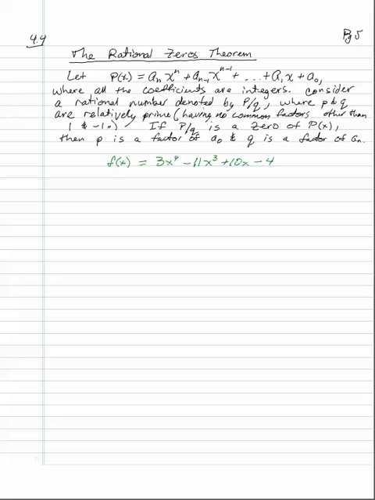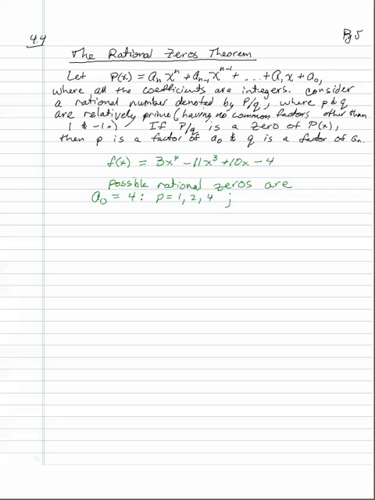Okay, so the possible rational zeros are, so you're going to do a sub 0 is 4. We can ignore the negative, so the factors of that, p could be 1, 2, and 4, and then we can do positive and negative.